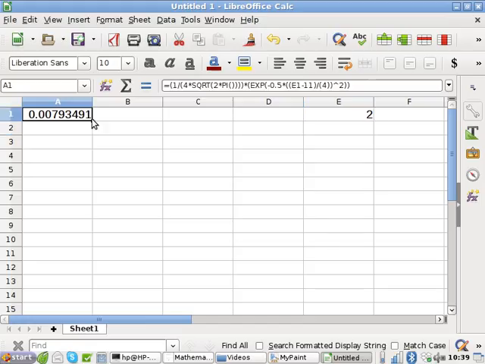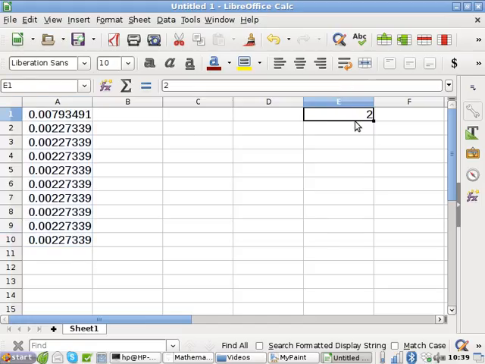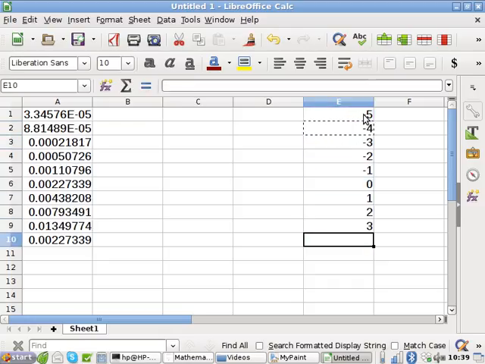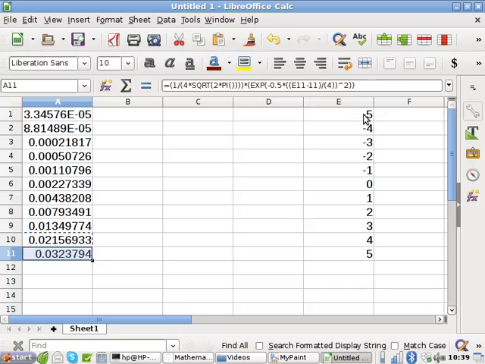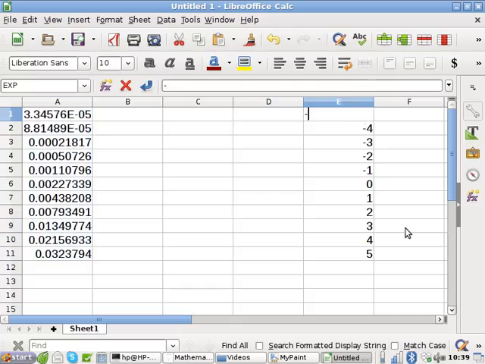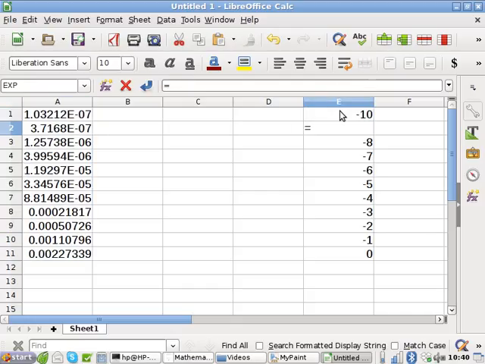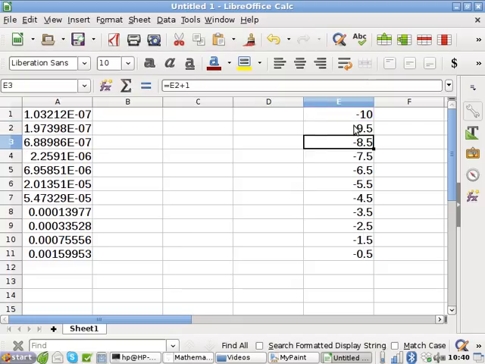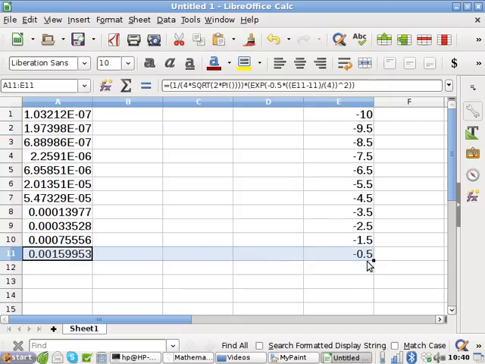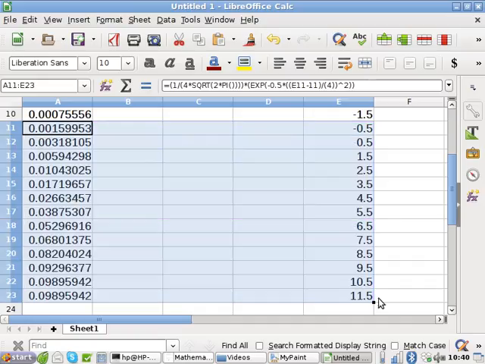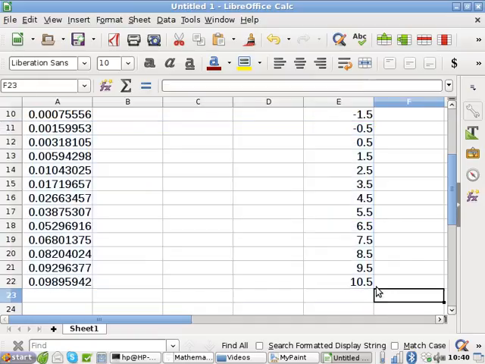If I copy this down, I can make 10 values. For example, x is minus 5, then minus 4. Actually, let's go for more than that. Let's start at minus 10, and we'll go up in steps of 1/2, and copy this down up until 10.